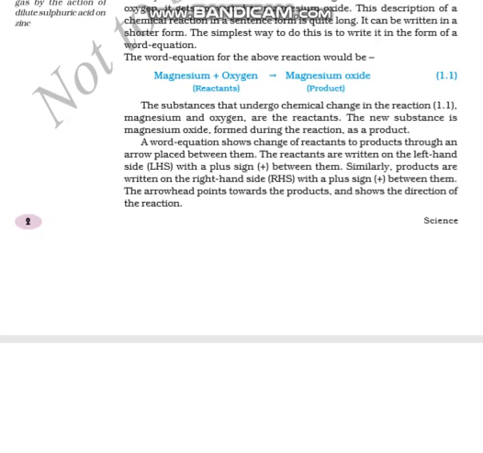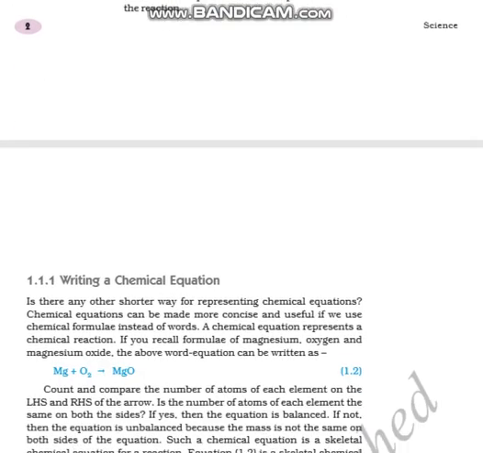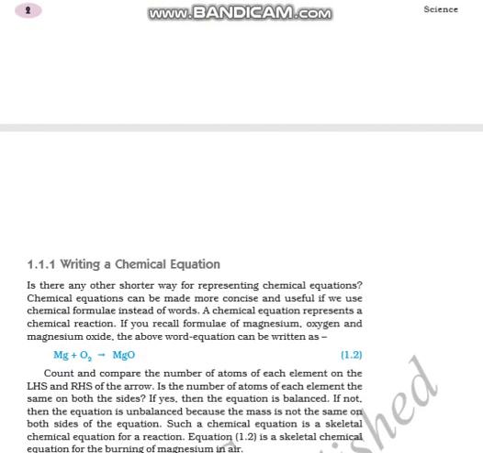As you can see in equation 1.1, between magnesium and oxygen we have a plus sign. And after these two elements we have an arrow mark, which indicates the product of the chemical reaction.